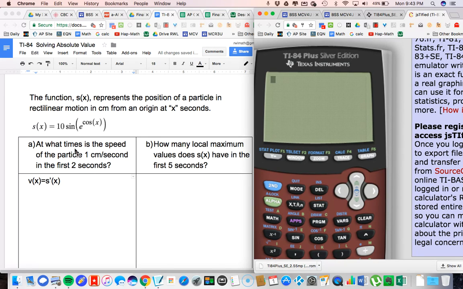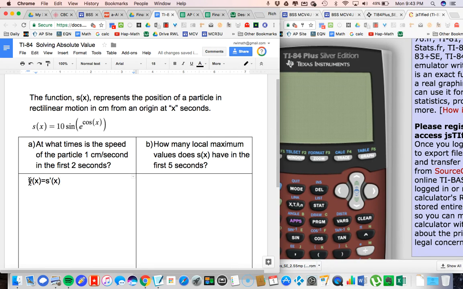The first question is, at what times is the speed of the particle 1 centimeter per second in the first 2 seconds? So as soon as it says speed, we're doing absolute value, right? So speed is absolute value of velocity. Well, this equation is position. So I need to get the derivative, certainly. So v of x equals s prime of x.